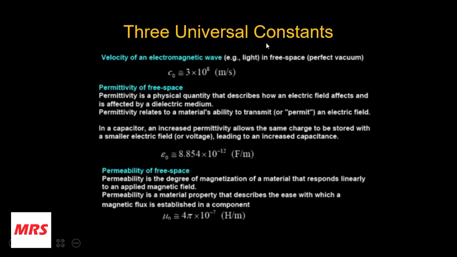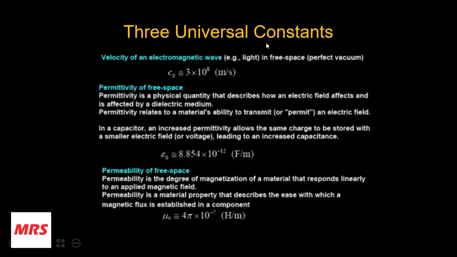The three universal constants are velocity of an electromagnetic wave, permittivity of free space denoted by epsilon naught, permeability of free space denoted by mu naught. C naught value is 3 into 10 power 8 meters per second. Epsilon naught value is 8.854 into 10 power minus 12 farad per meter.